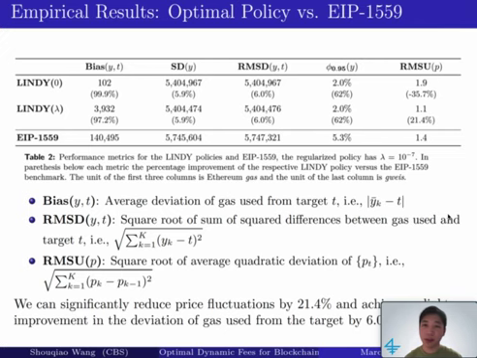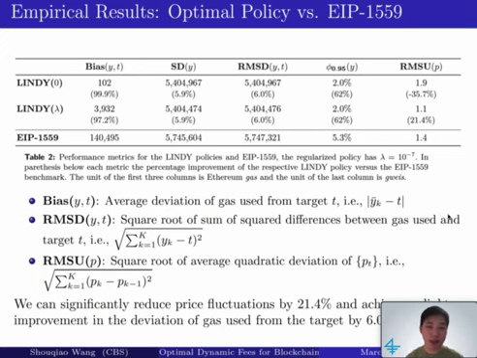If we choose lambda to be 10 to the power of -7, our policy can improve RMSD by 6.0% and RMSU by 21.4%.